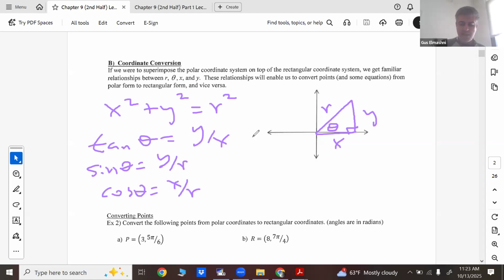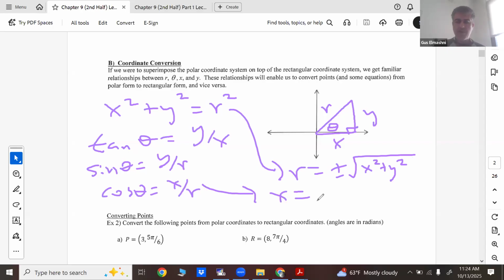And we could make some more statements. We could also say r is plus or minus the square root of x squared plus y squared, if we need to. Also you could say x equals r cos theta, y equals r sine theta.